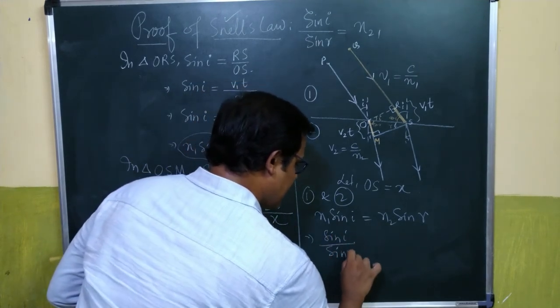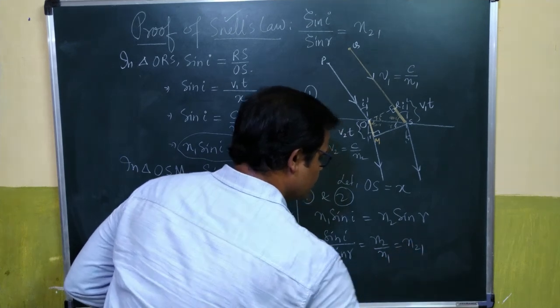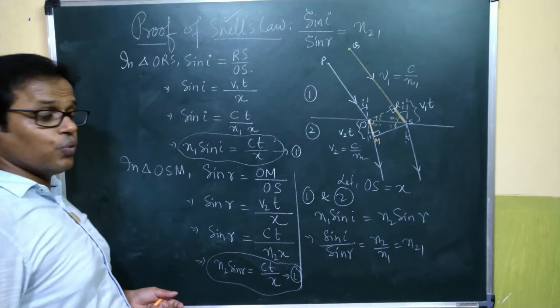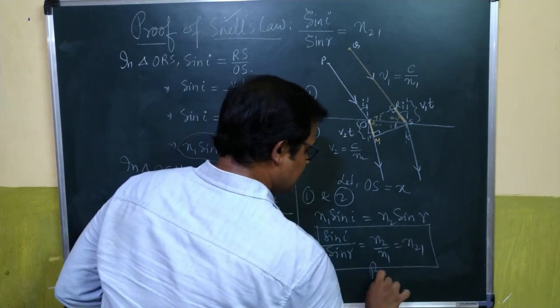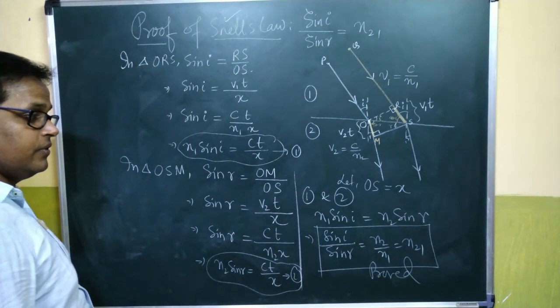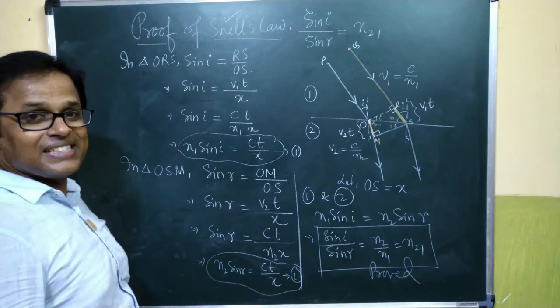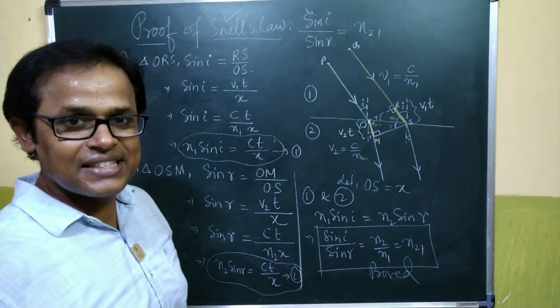Sine I by sine R is N2 by N1, which could have also been written as N21. Hence, your doubts are cleared. That's what we have for Snell's law. That is why there is a sine ratio to define the refractive index of a medium.